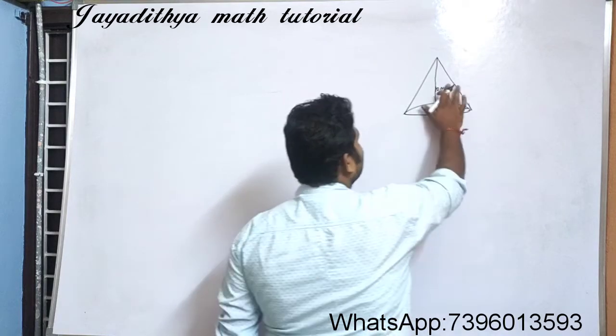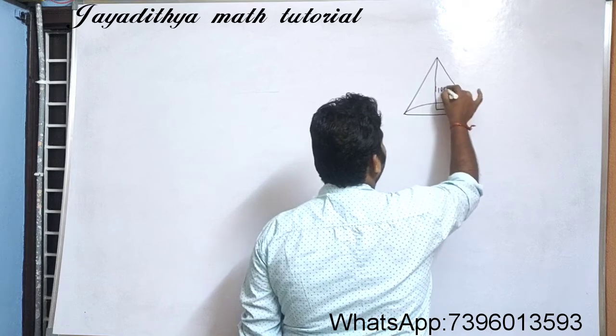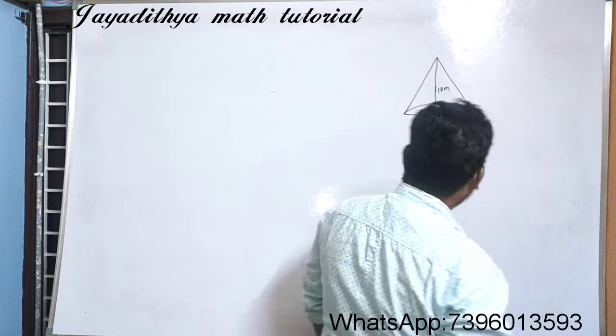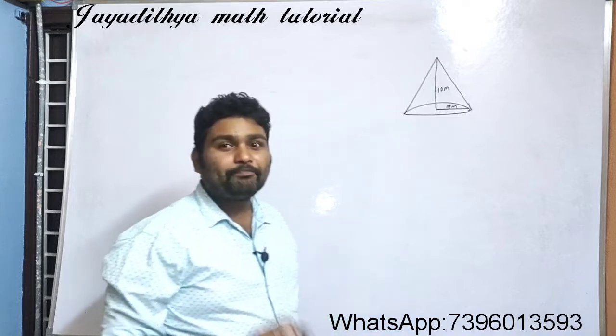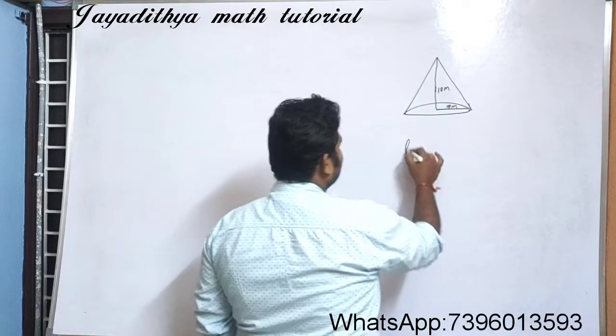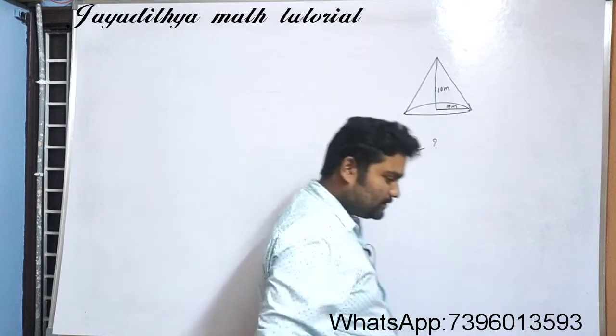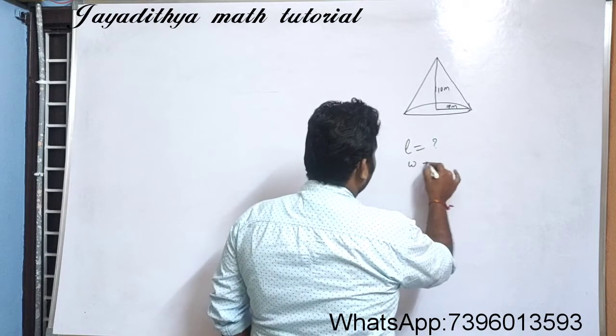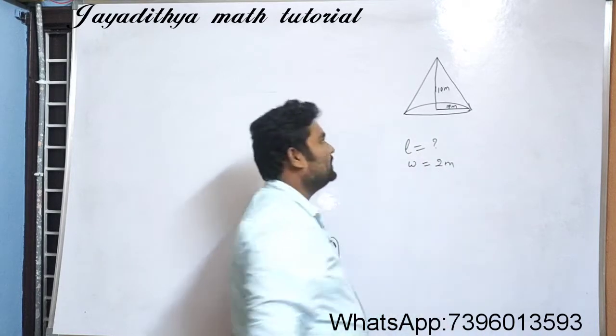Height is equal to 10 meters. Calculate the length of the canvas used in making the tent if the width is 2 meters.